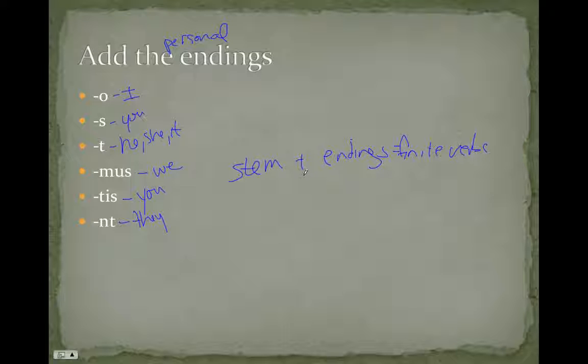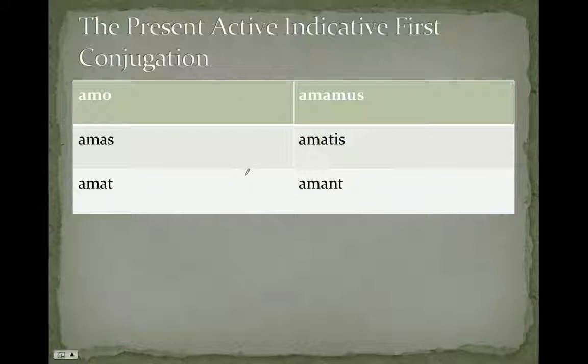The only difference is inside here we can add tense markers, what can be referred to as an infix, to change the tense. So that's the basic system for all Latin verbs. Stem, tense marker, ending. So let's take a look at the present active indicative of the first conjugation.